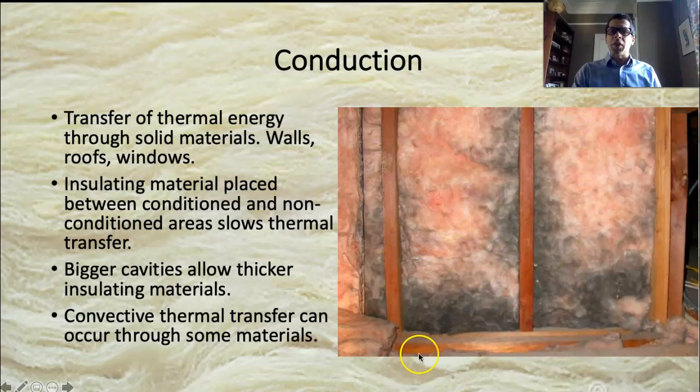One thing that I think I mentioned earlier that people don't quite understand is that there can still be convective thermal transfer through some of these insulating materials, particularly fiberglass batts.